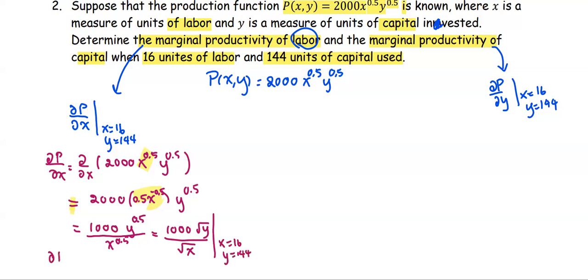So the partial derivative of P with respect to x, when x is 16 and y is 144, equals 1000 times the square root of 144 divided by the square root of 16, or 1000 times 12 divided by 4. 4 and 12 reduce to 3, and so it is going to be 3000 as the value of the marginal productivity of labor when 16 units of labor and 144 units of capital are used.